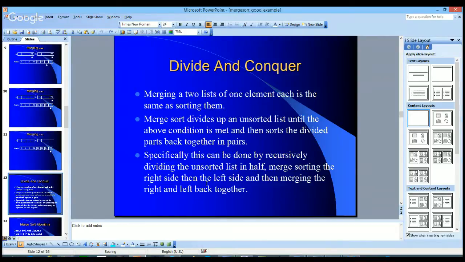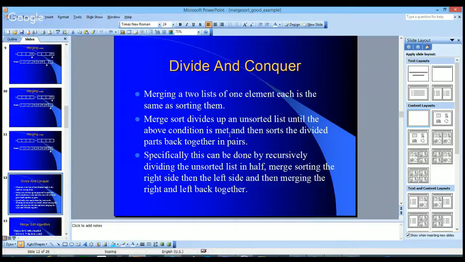That means till it cannot be further divided, or it reaches the single element level. That is what this slide says: merge divides up an unsorted list until the above condition is met.